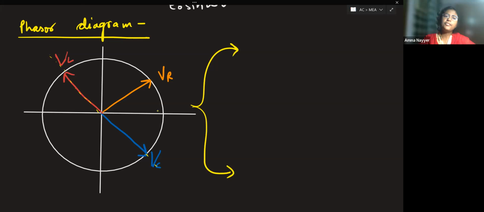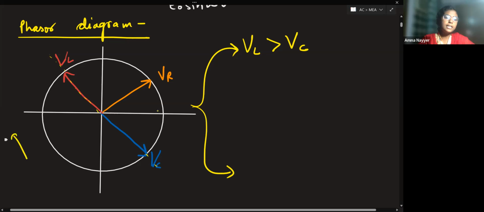See, if your VL is greater than VC, this can also happen, no? Your voltage across the inductor is greater than voltage across the capacitor. So VL is greater than VC. If two vectors are present, VL and VC, these are two phasors.